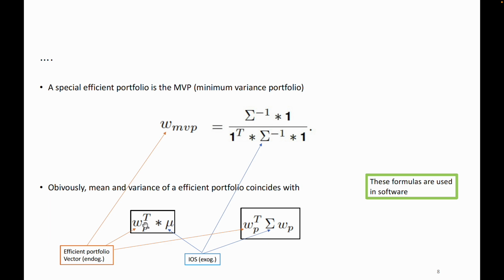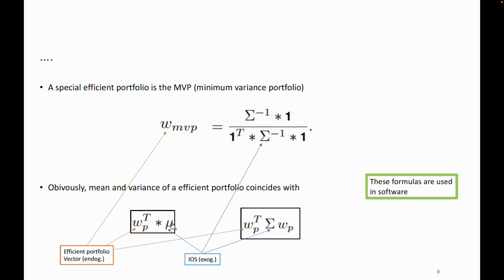W gives me the portfolio holdings that I invest into these different assets. The product of both gives me the expected return, and the variance of my portfolio will be W transpose times sigma times W. So it will also be a scalar. And you see how we nicely connect the investment opportunity implied covariance matrix with our portfolio holdings.